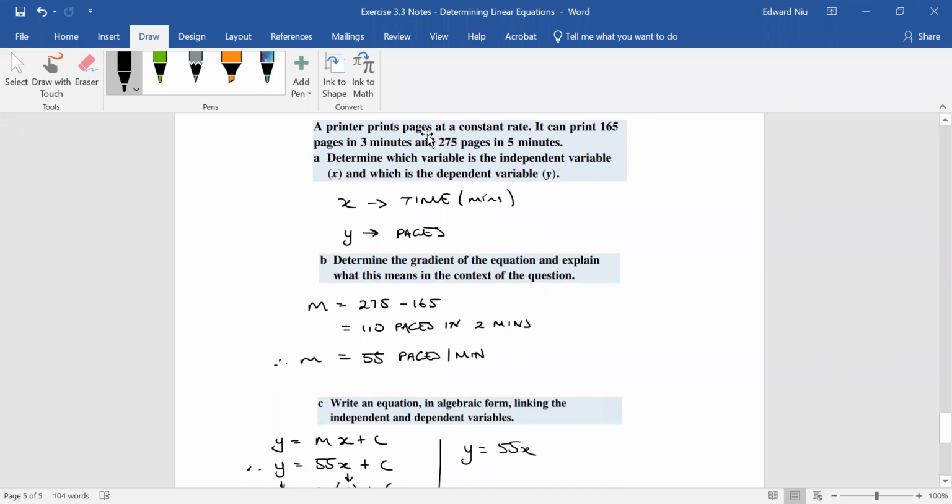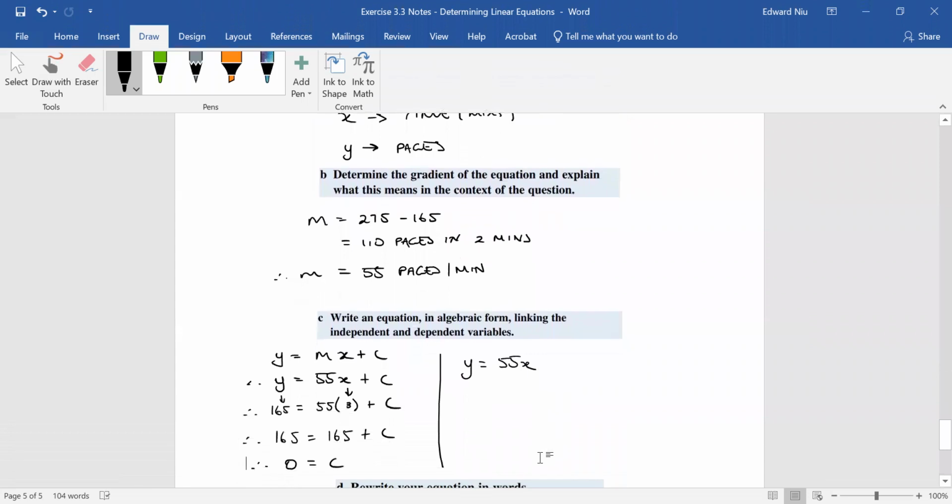A printer prints pages at a constant rate. It can print 165 pages in 3 minutes, 275 in 5 minutes. So basically we start at 0 pages printed when time is 0, is what this equation says.